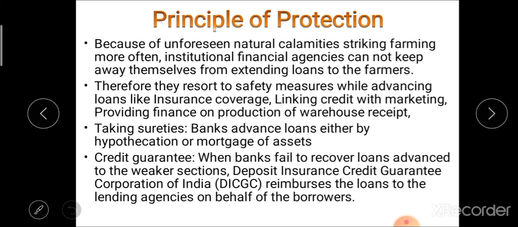The farmer may fail due to such unforeseen calamities or situations, and to withstand such risk, the farmer takes some protection like crop insurance, linking credit with marketing, provision of finance on production of warehouse receipt, etc. So this principle resorts to safety measures while advancing loans, like insurance coverage, credit linking with marketing, provision of finance on production of warehouse receipt, etc. Also taking securities, the bank advances loans either by hypothecation or mortgage of assets, then credit guarantees: when banks fail to recover the loan advanced to the weaker section, the Deposit Insurance Guarantee Corporation of India reimburses that loan amount to the lending institution on behalf of the borrower. So this is the last principle, that is principle of protection.